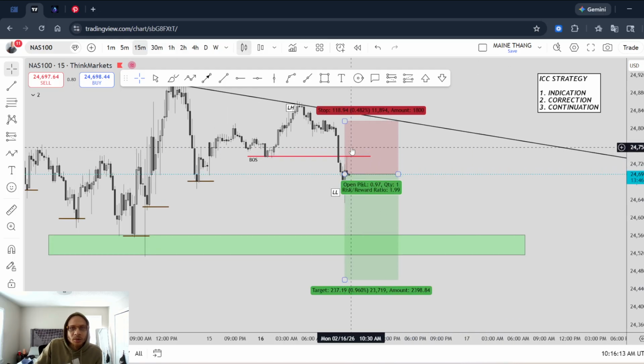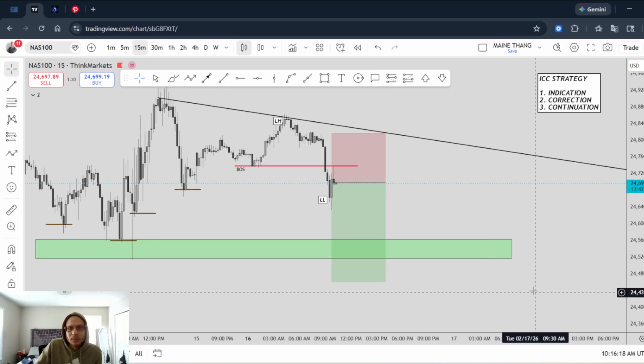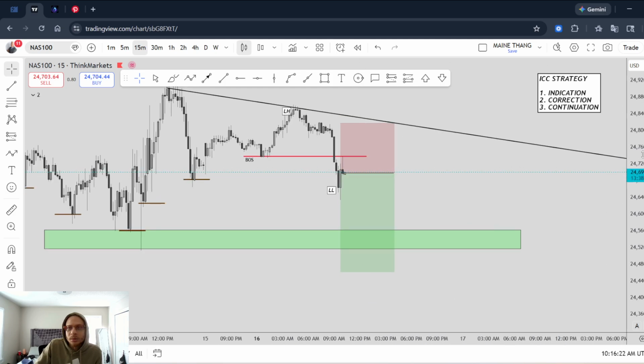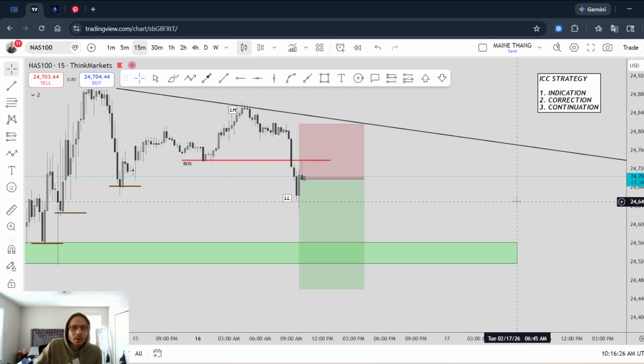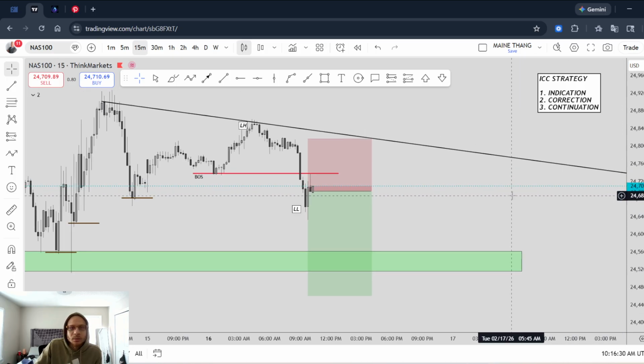I would like it to come over, but we might experience some drawdown if this isn't bearish. So we enter as soon as we tap it.